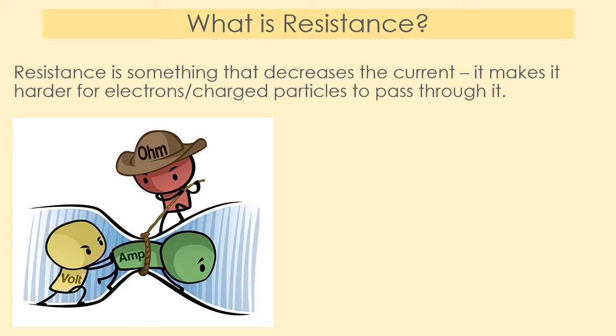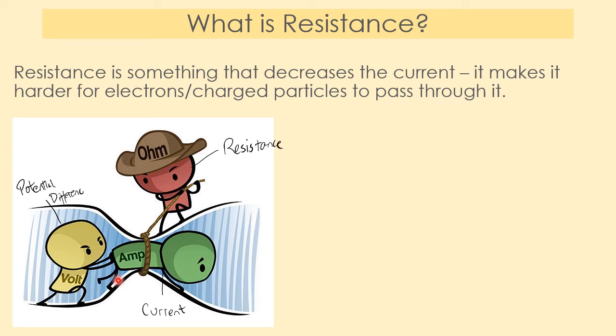And we can think of it a bit like this. So we've got our volt, our potential difference. So this is our potential difference. We've got our current going through here. And this bit here is our resistance. You can see as we're going through, at this point, before we reach the part that's got the resistance in, we could fit a lot more electrons going through.